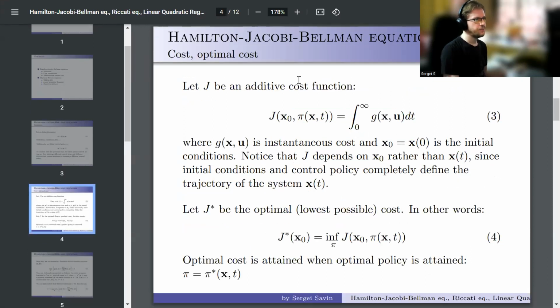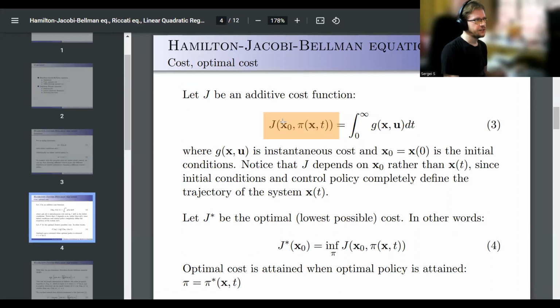Let's look here. If we're trying to take the time derivative of this, using the chain rule, what we have is the derivative of J with respect to x. Here, instead of x0, I will just use x.